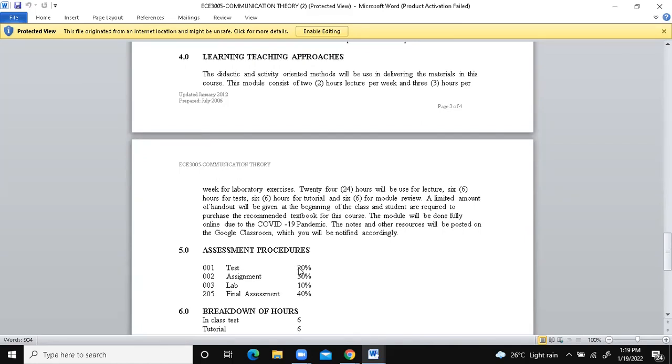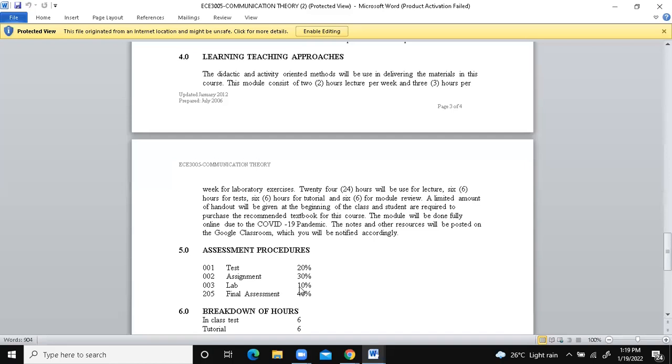So this test would be your midterm and then your final. So you have a chunk here for assignment and lab.